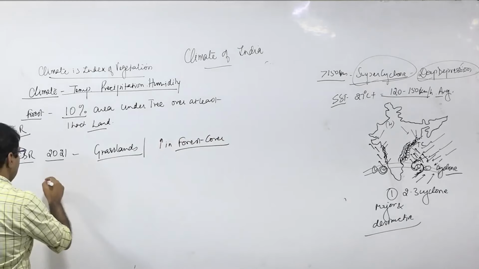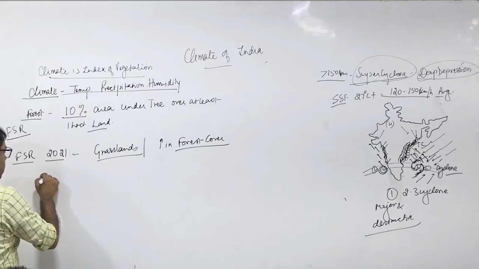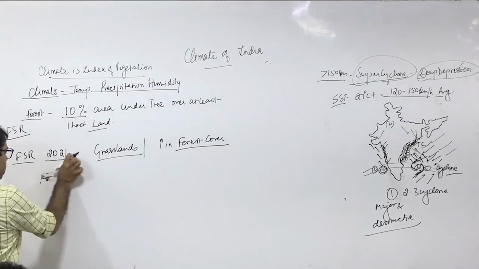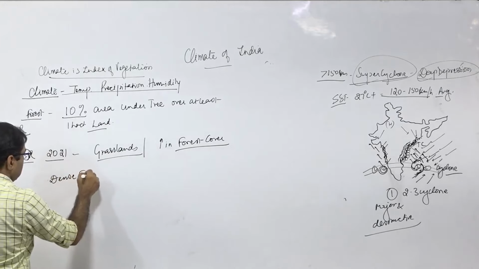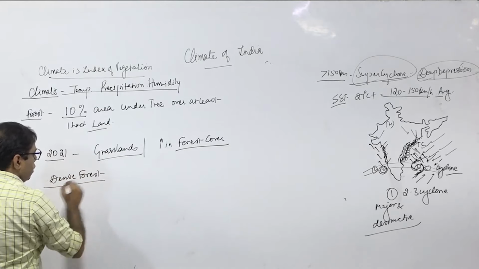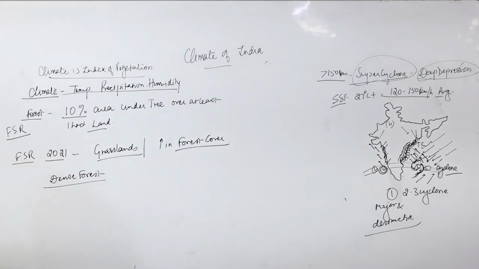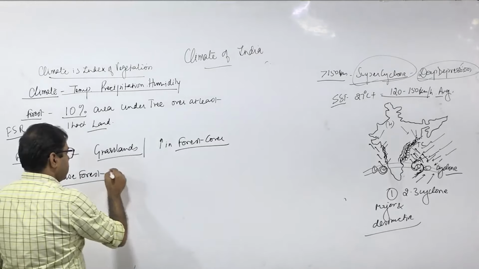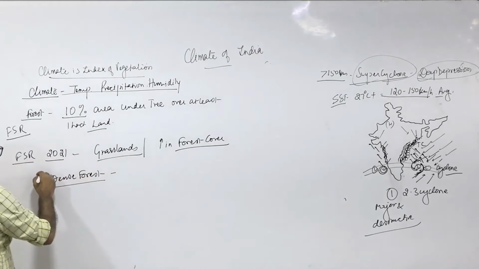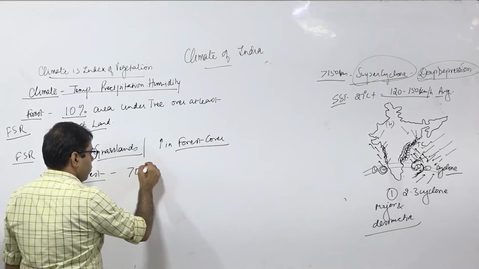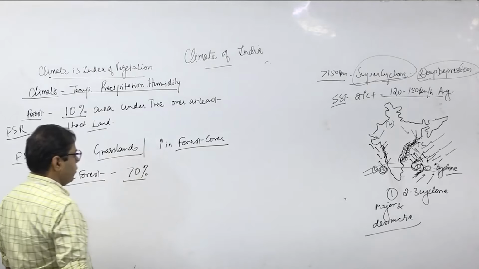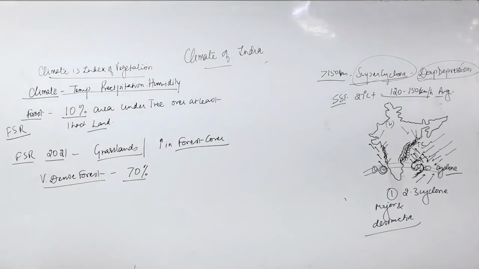The forest has been classified as dense forest, or very dense forest, where more than 70% of the area, 70% and above, is under forest cover, right.